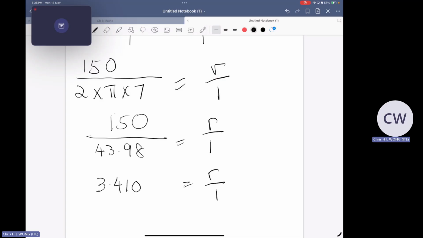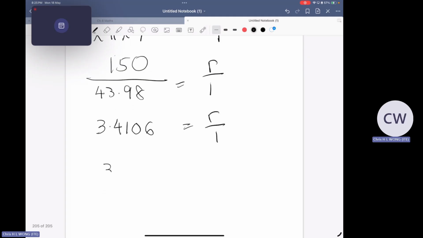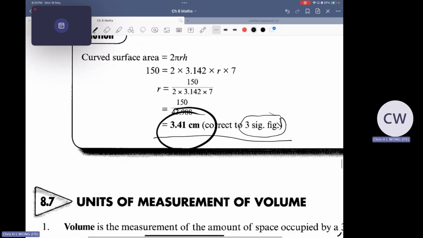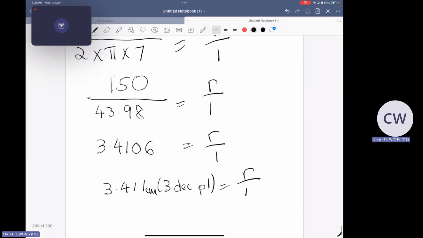You notice I add another number there, 4 decimal places, because I'm going to make it 3 decimal places, so you must look at the 4. So it becomes 3.411, 3 decimal places, equals r, in cm. Is it 3.41? Just double check. They use significant figures, which is no good. You should be using decimal places.